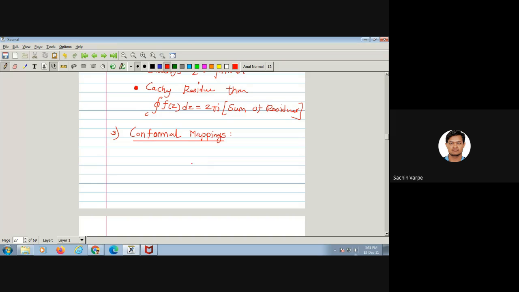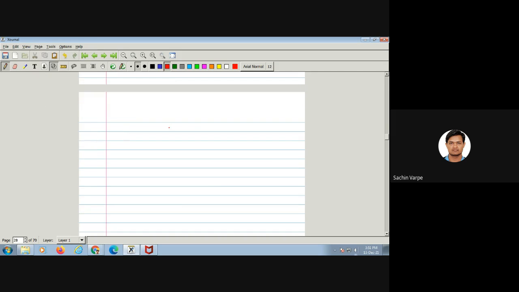So that is the important point in conformal mapping, as well as bilinear transformation. Definitely there will be a question: either discuss the transformation, or find the transformation which maps points in the Z plane to points in the W plane. Okay, so this is all about complex variables, unit number 3.